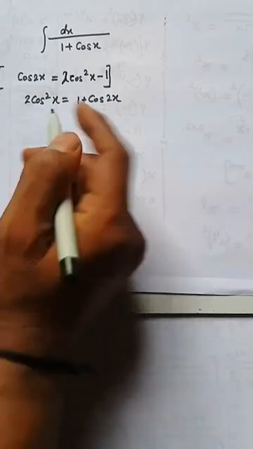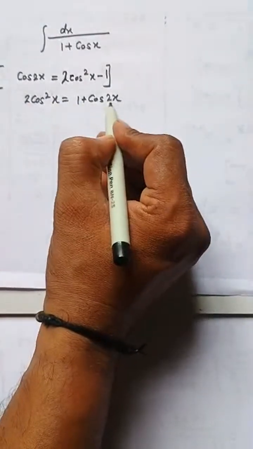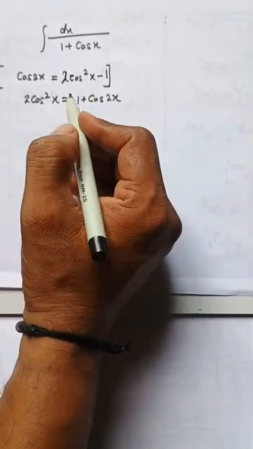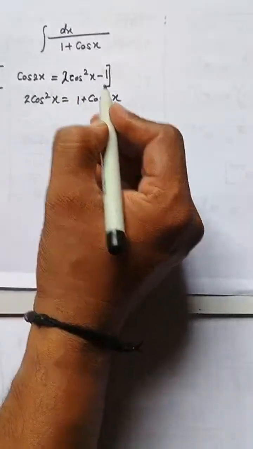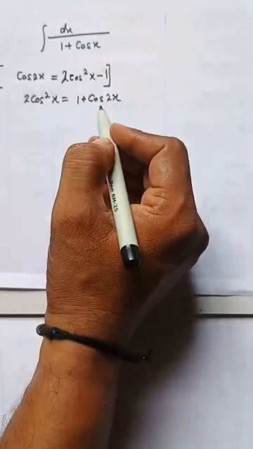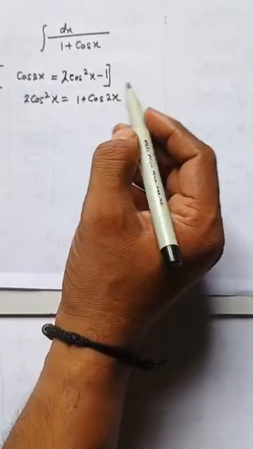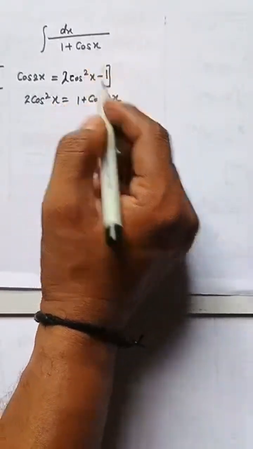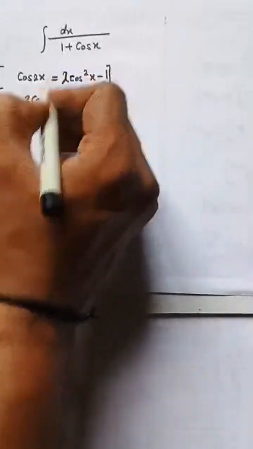Here we have x, and here we have 2x as the parameter, but we need only 1 plus cos x. If we compare this, you will find that here we have only x and there we have 2x, so it is 2 times. So we need to do one thing.